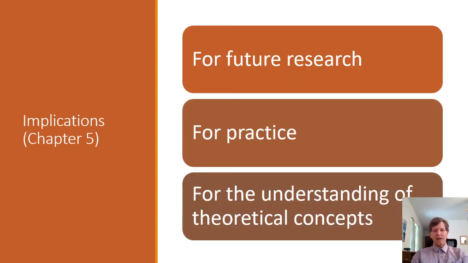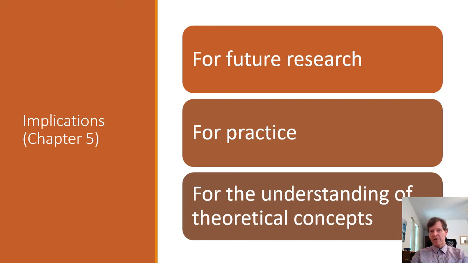Some further thoughts on your chapter 5. What are some implications for future research? For instance, if you were to expand the study and do further research based upon the study in the future, what more would you want to do? And what more would you advise other people to do? If you read a good research article in the research literature journals, you should often see scholars talk about recommendations for future research.